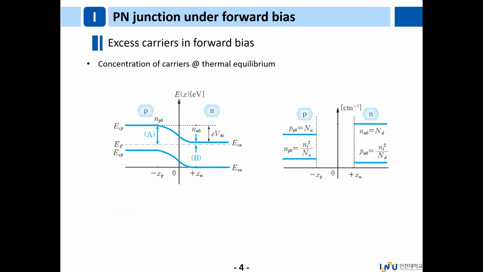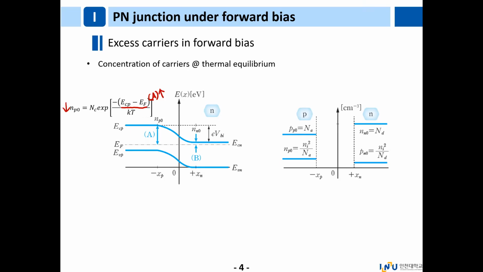At equilibrium, the concentration of electrons that are minority carriers in the P region looks like this. So the larger this gap, this would be A, right? The larger this gap, the smaller the concentration.